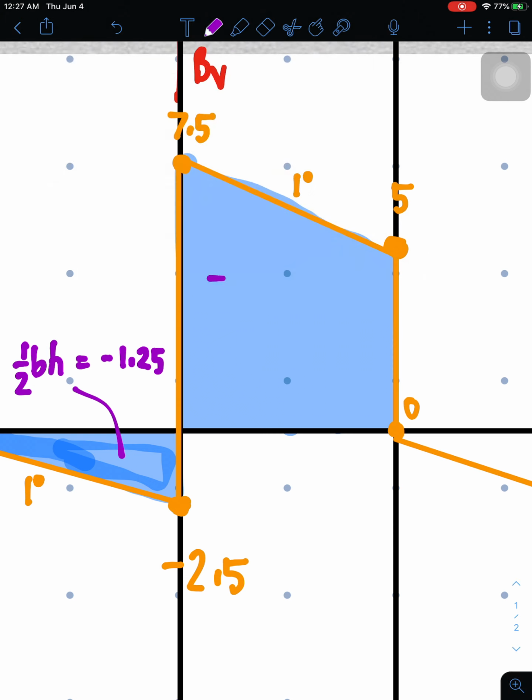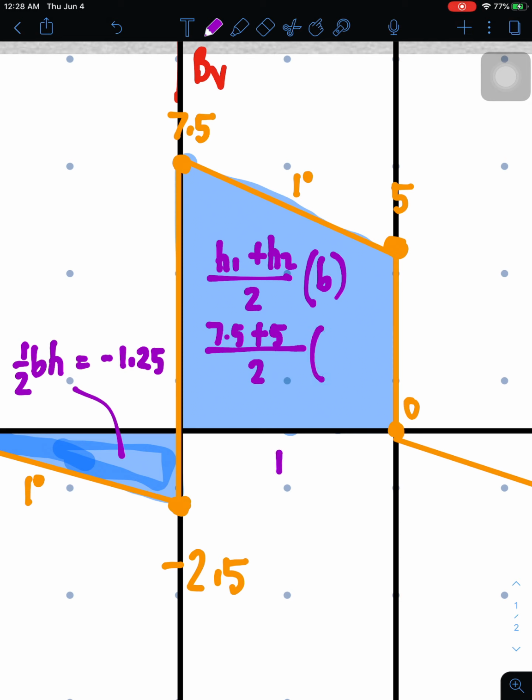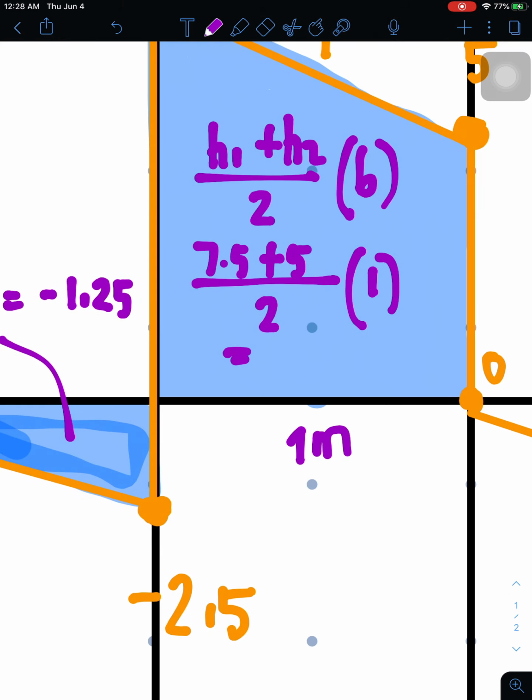So it's basically height 1 plus height 2 over 2 times the base. So the height here is 7.5 plus another 5 divided by 2 times the base nga 1 meter. So that's 1 meter. So ang answer ana is 7.5 plus 5 divided by 2 times 1. The answer is 6.25.